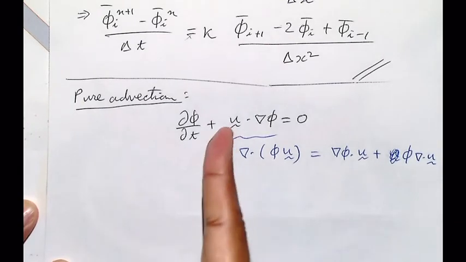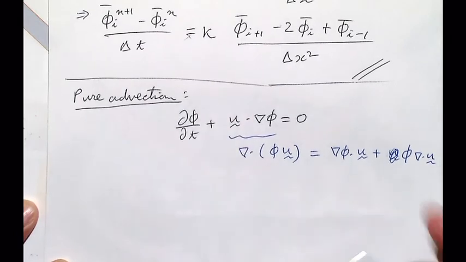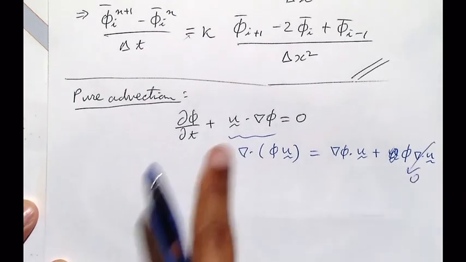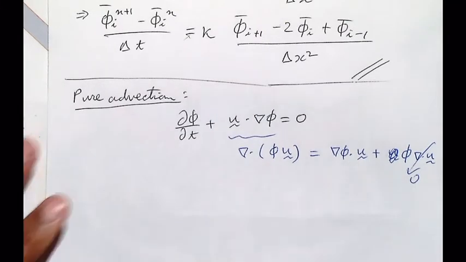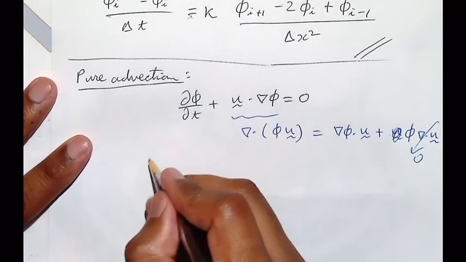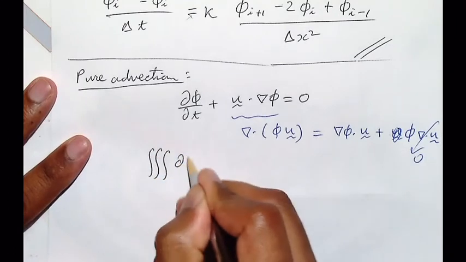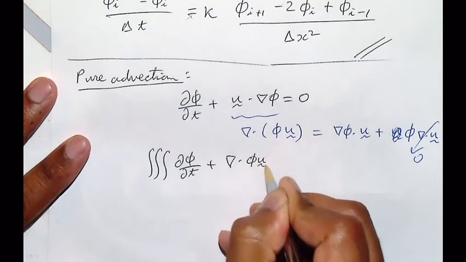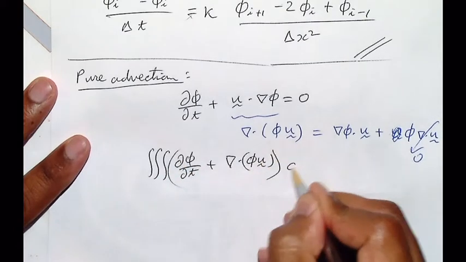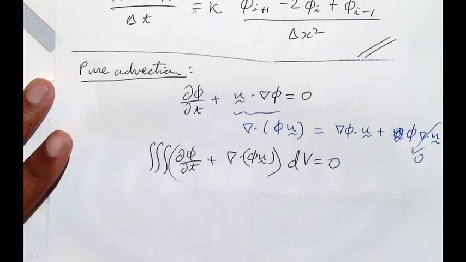So we basically added a 0 over here, which means this is 0, since the flow is incompressible. So again, we have the volume integral of del phi by del t plus nabla dot phi u dV equals 0. What should I do?